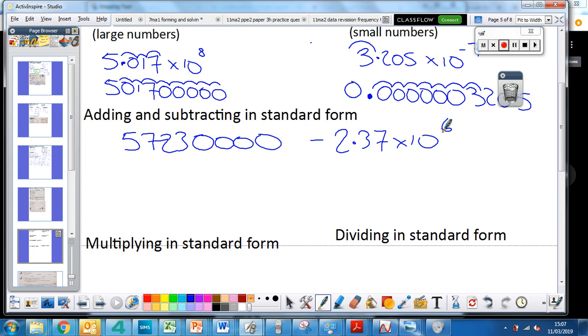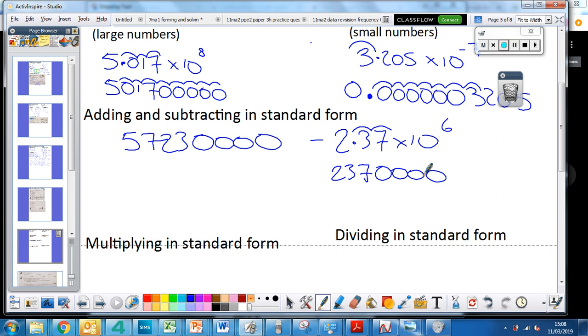And if it asks you to do that subtraction on a non-calculator paper, what you need to do is convert these both into ordinary numbers. So for 2.37 times 10 to the power 6, 6 jumps to get over the 3 and the 7. So we're going to have 2, 3, 7, then 4 zeros. 1, 2, 3, 4.